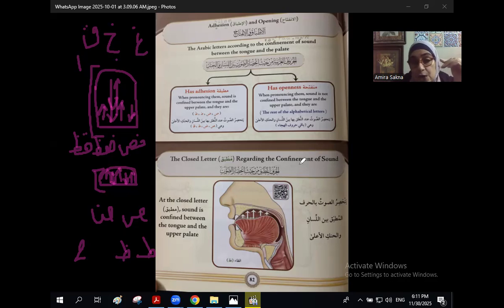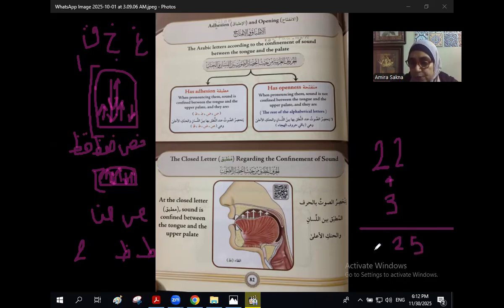The rest of the Arabic letters are the lowered letters, مستفلة, which were 29 minus 7, so 22. Plus, we have 3 elevated letters, مستعلي, that do not have adhesion, or are not مطبق. They are غين and kha and qaf. So 22 plus 3, the منفتح letters are going to be 25 letters.